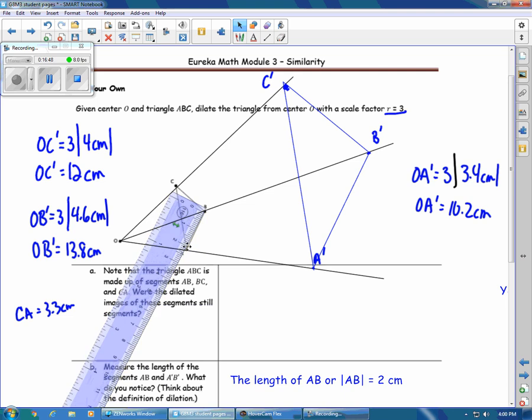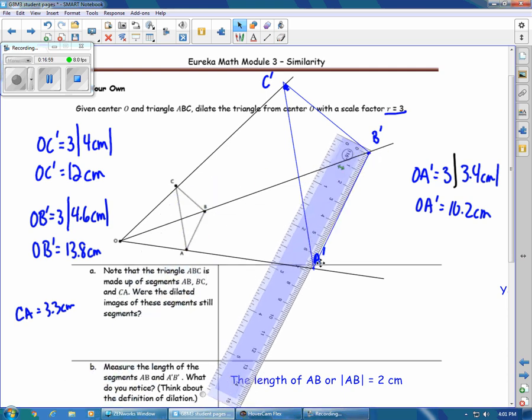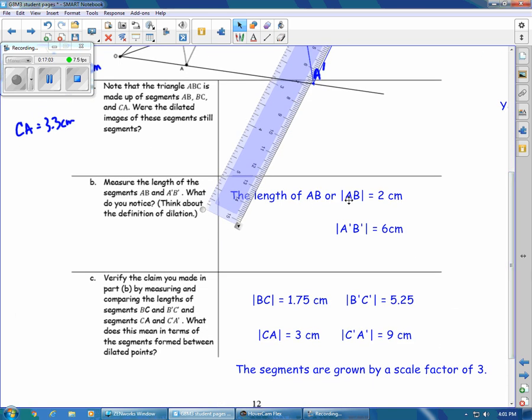Okay, good. From B to A, we're looking at 2 centimeters. So B prime to A prime, I'm going to expect it to be 6 centimeters. And that's working out for us. So the length of AB is 2 centimeters. A prime B prime is 6 centimeters.